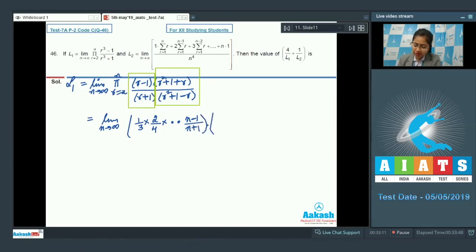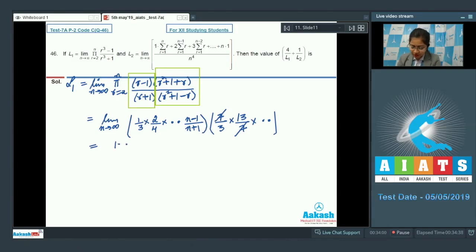Now next, here putting r equal to 2, we will get 3 plus 4, that is 7, divided by 4 plus 1 minus 2, that is 3, multiplied with, putting r equal to 3, we will get 9 plus 1, that is 10, plus 3, that is 13, divided by 9 plus 1, that is 10, minus 3, that is 7, and so on. So we will see that these terms get cancelled.